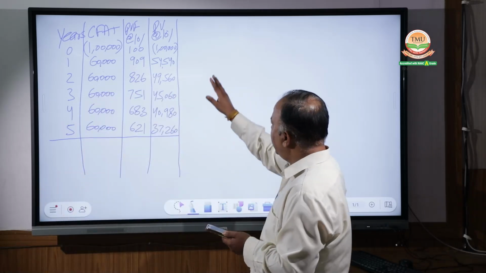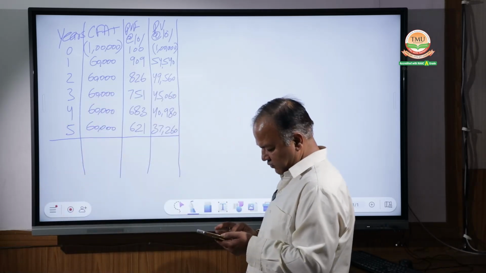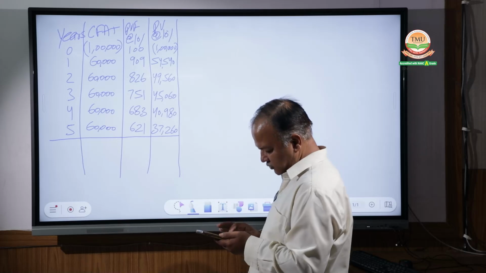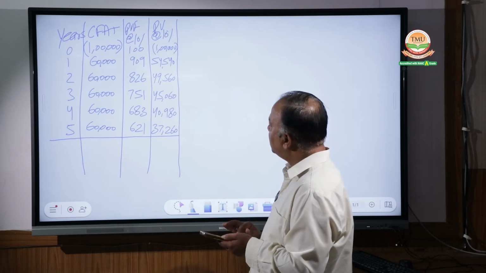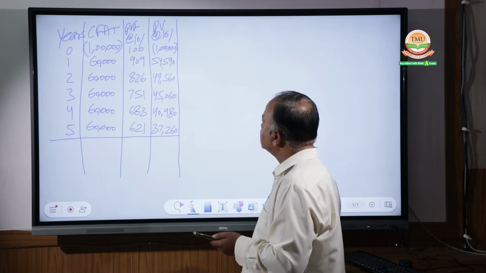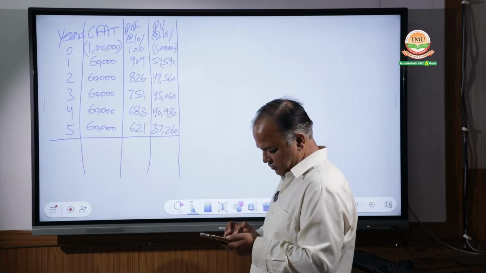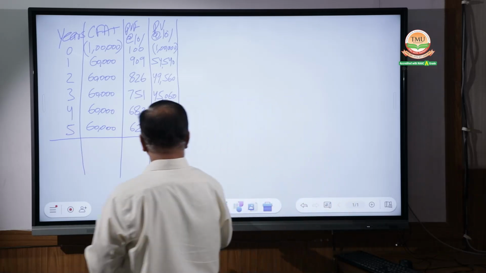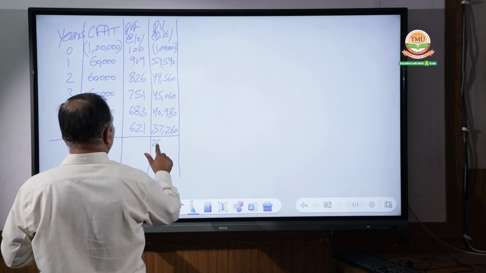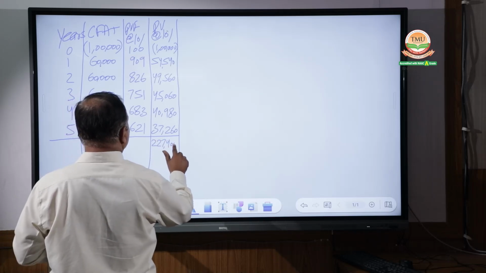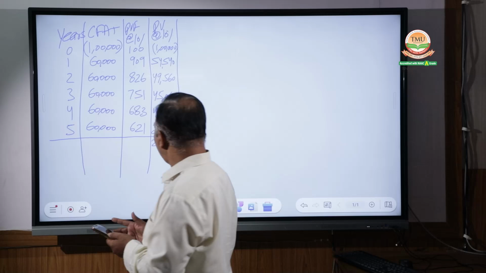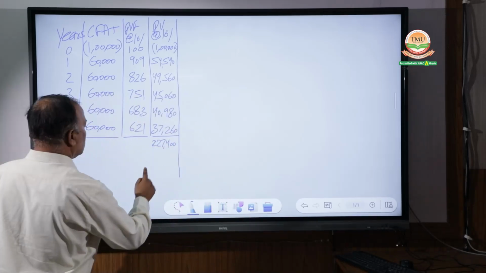Now simply add all of these: 37260 plus 40980 plus 45060 plus 49560 plus 54540 equals 227400. This is the sum of present value, 227400.